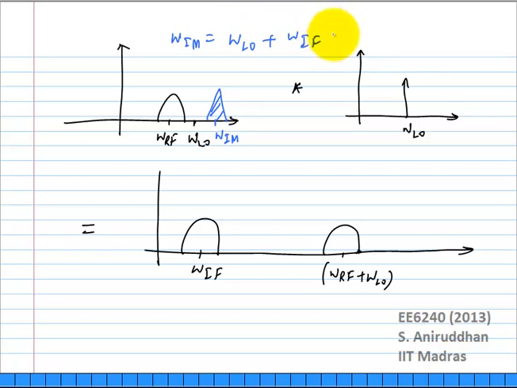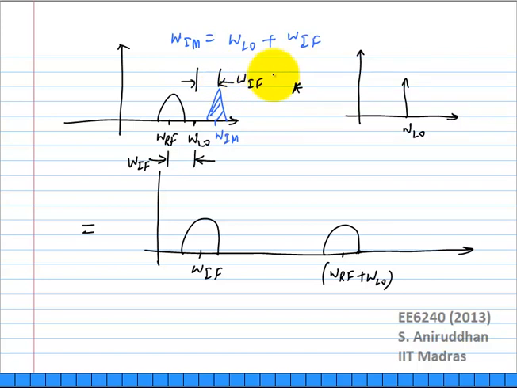Remember, originally you designed omega LO minus omega RF to be omega IF. Now what I am saying is these two frequencies are also off by omega IF.